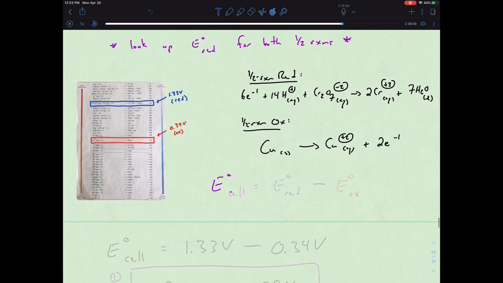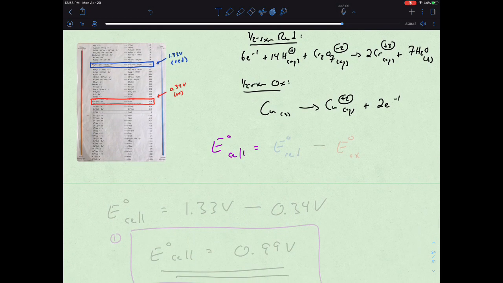So our cell potential is basically going to be equal to the potential of reduction for our dichromate minus the potential for oxidation of our copper. And again, we're letting the minus sign do the actual work of changing the sign for the oxidation. So our reduction potential is 1.33 volts.